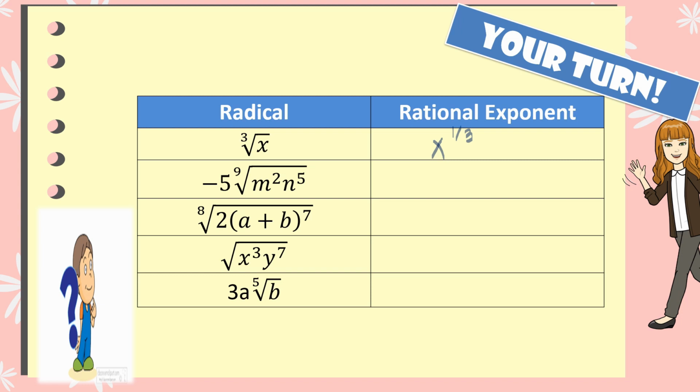Next. Alright, is your answer negative 5 m raised to 2 over 9, n raised to 5 over 9? If it is, then you are also correct. Next one.